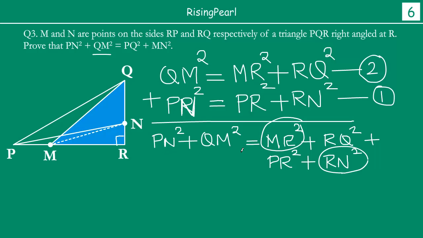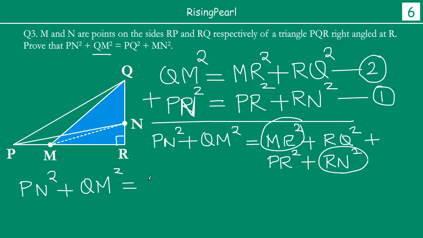So my left hand side is PN square plus QM square, and now I'm just rearranging the terms.